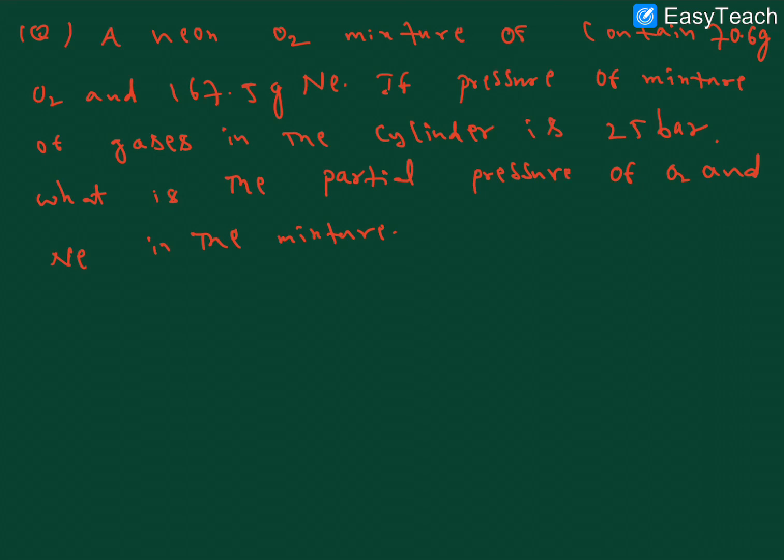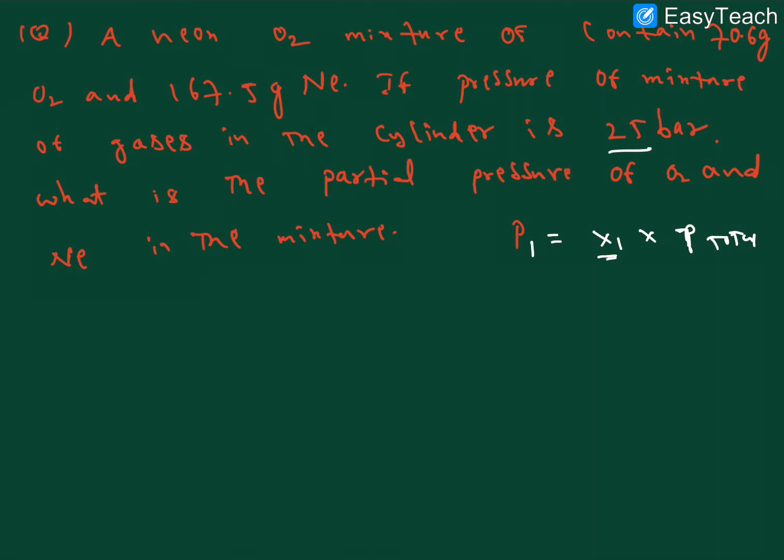So we have to calculate the partial pressure of neon and O2 gas. We already derived the formula: the partial pressure of gas 1 is equal to the mole fraction of 1 into P total. P total is already given as 25 bar. So we want to calculate the mole fraction of 1.